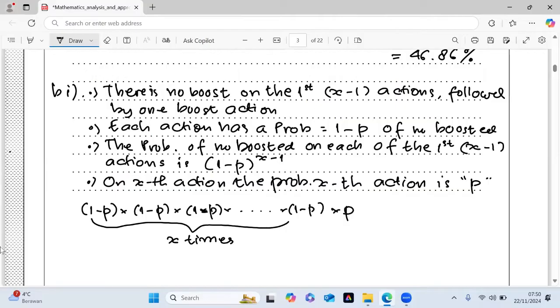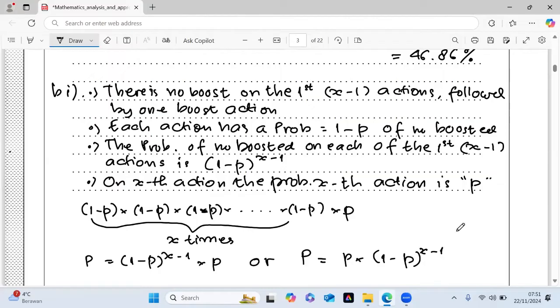So we can write that the probability equals 1 minus p power X minus 1 times p, or we can state that the probability equals p times 1 minus p power X minus 1.